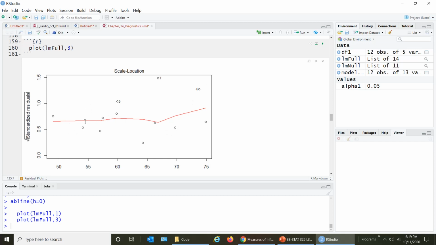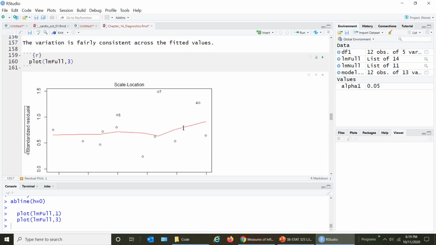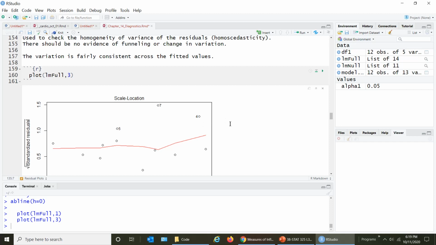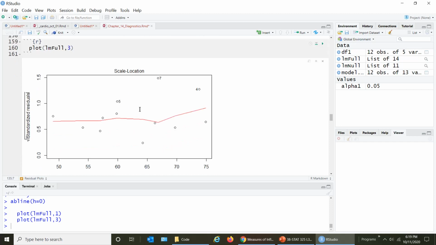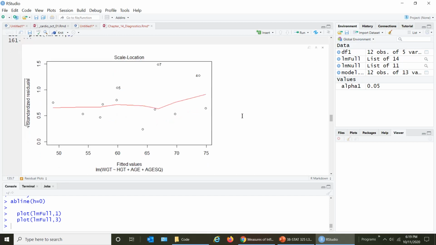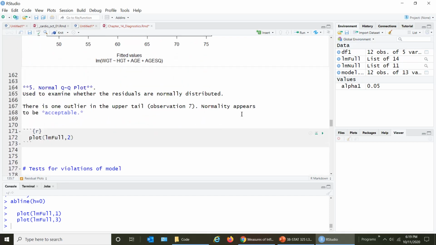There's just not a lot of values over here on these smaller fitted values. So we have a very hard time saying that there's a change in the variation across the fitted values. So it looks fairly consistent, so I would say that this is fine.